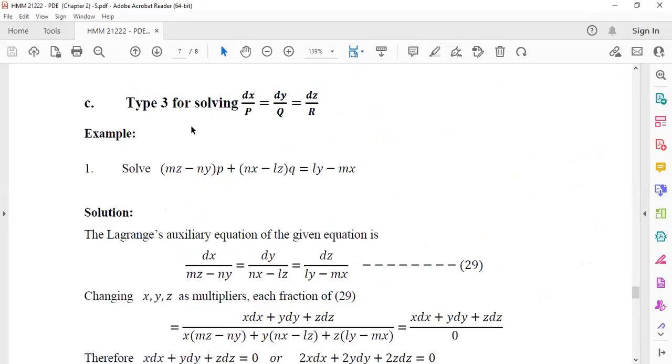Okay, let's do this example. So put this, let's say mz minus ny, nx minus lz. So we know this is our P, this is our Q, this is our R. That's not a problem. But we can't solve this one because z, y are in the x equation, z in y and x in dz.